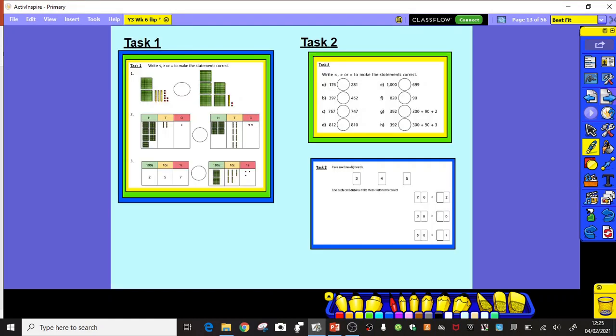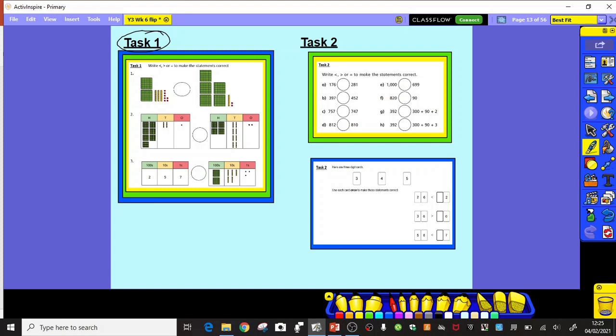Okay, so now it's time for you to have a go. We've got 3 tasks today. Everybody's first task is similar, and it's putting in the symbol in the gaps to make the statements correct. Task 2 for yellow group and green group is similar.